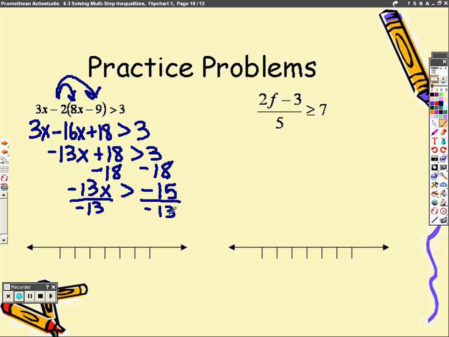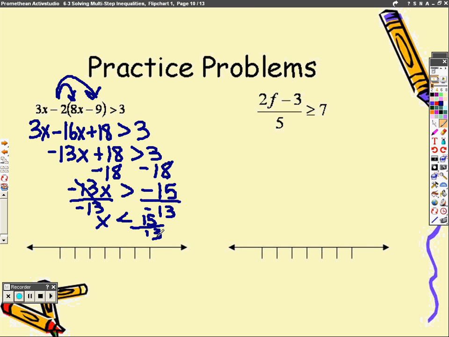And since I'm dividing by a negative, I need to remember to flip my sign. Okay? And I end up with x is less than 15 thirteenths.